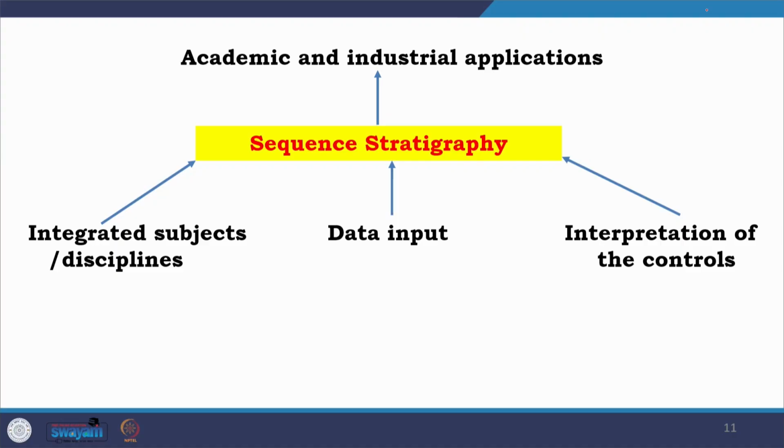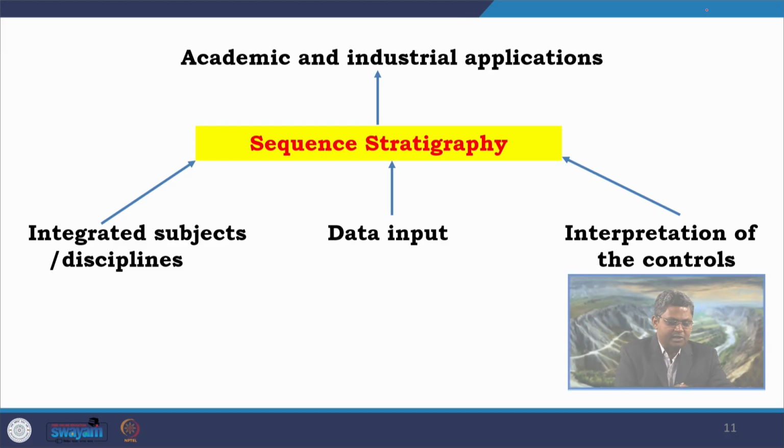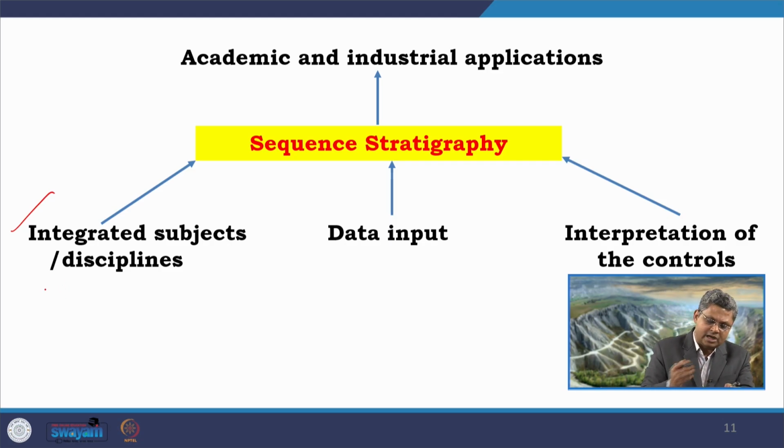When we look into the major components within sequence stratigraphy, we can think of three major pillars. Number one, the integrated disciplines or the subject areas, which are directly or indirectly involved in sequence stratigraphy. So, what are those subject areas? Definitely it starts with sedimentology.